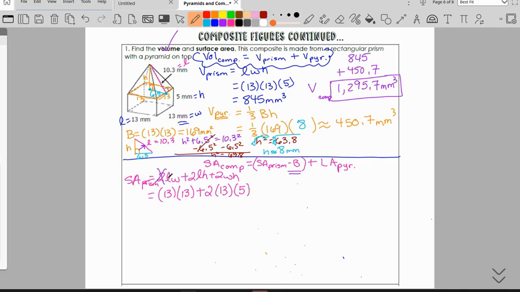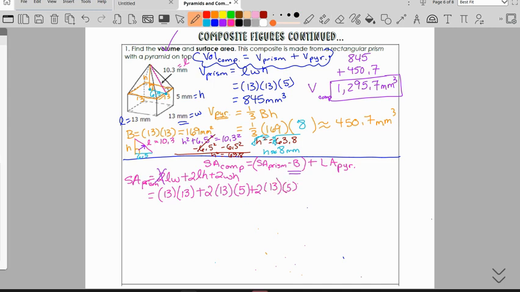I'm just following my formula, length times width plus 2 times length times height. So I'm on my last expression now, plus 2 times my width, 13, and my height of my prism is 5. Okay, that 13 is looking a little hard to read. It kind of looks like a B, so I want to make sure and clean that up real quickly. So let me rewrite that. So 2 times 13.